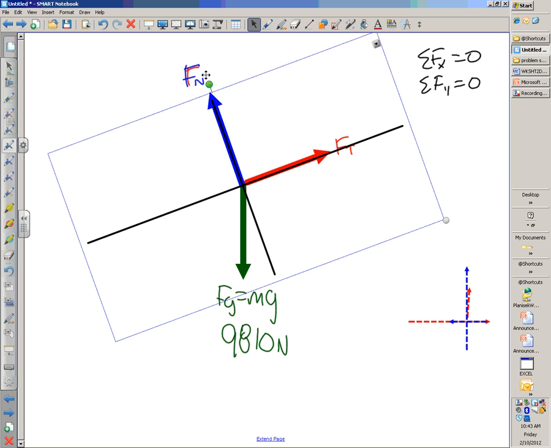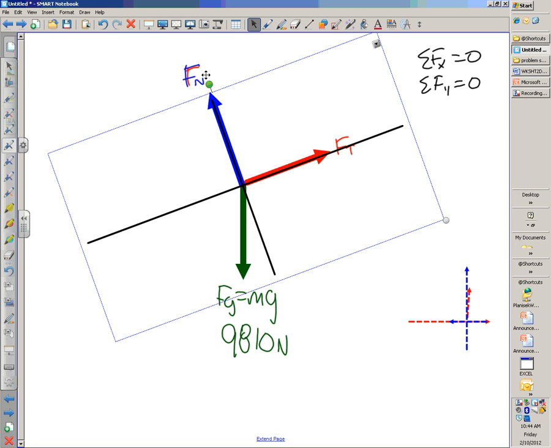By doing this, we find that two things happen. Well, actually, three things happen. First, the tension force now rests on the x-axis. The normal force now rests on the y-axis, and the gravitational force does not rest on either axis. By rotating the axis 15 degrees in this case, I have now made the x-axis parallel with the inclined plane of this problem, that being the ramp of the car carrier.